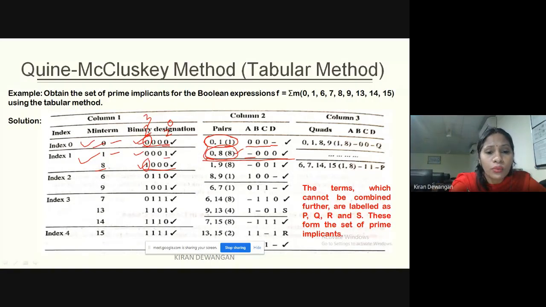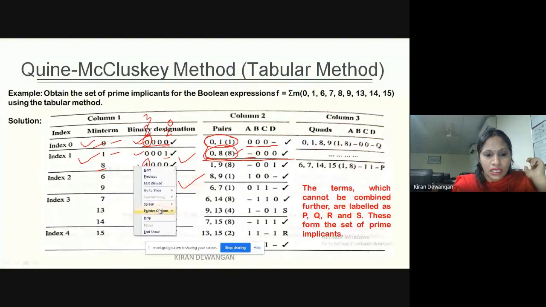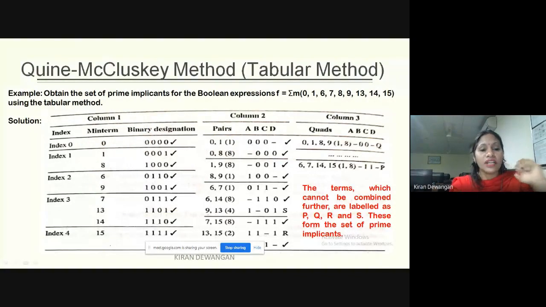Now we'll compare index 1 with index 2. Again we'll check the same thing, that is terms which have only 1 bit difference. Okay, so for index 1 we'll check 1 with 6.